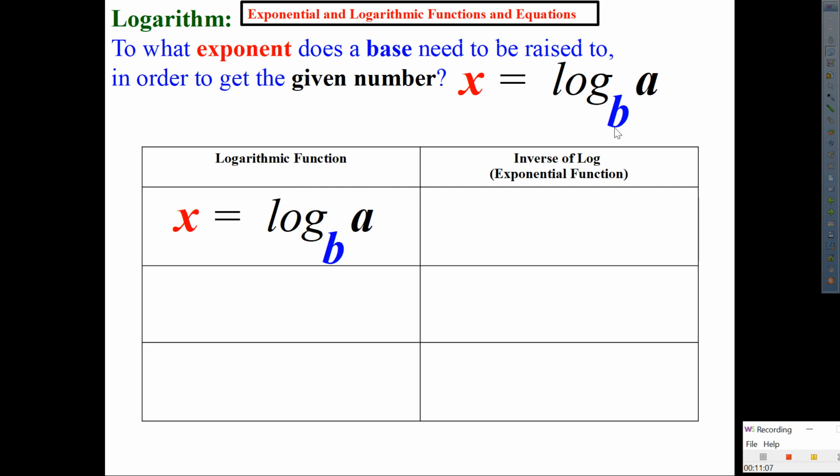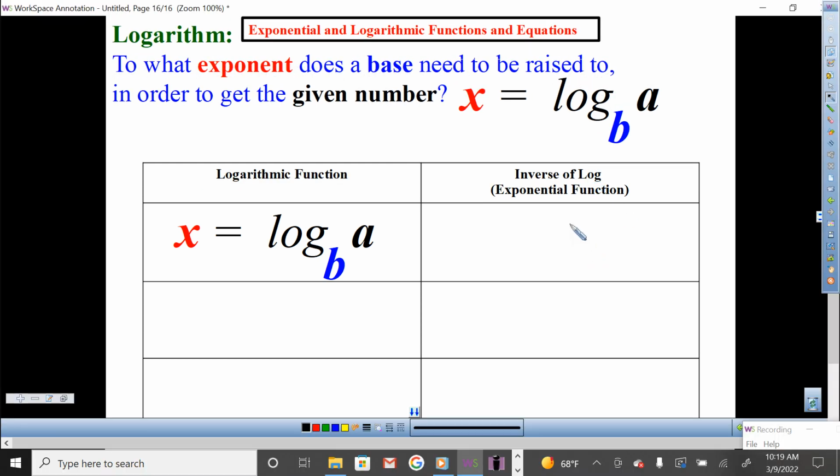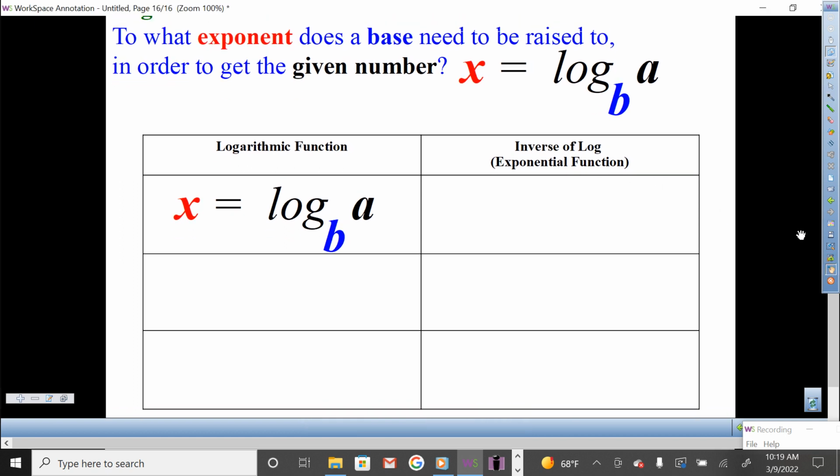These are logarithmic functions. On this side, we're going to write their inverse. What is their inverse? Exponential functions. Now, why do I need for us to write it like that? Because we need it in an exponential form in order for us to solve it. This is how we write it. The question was, to what exponent does the base need to be raised?